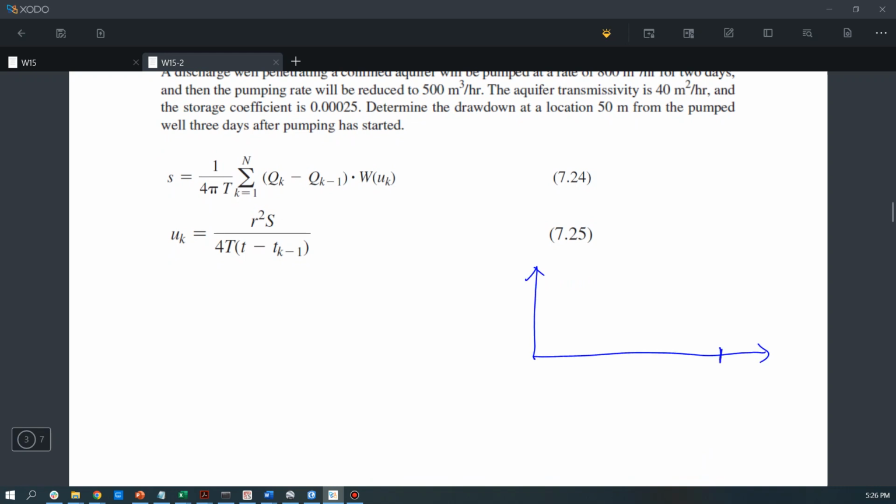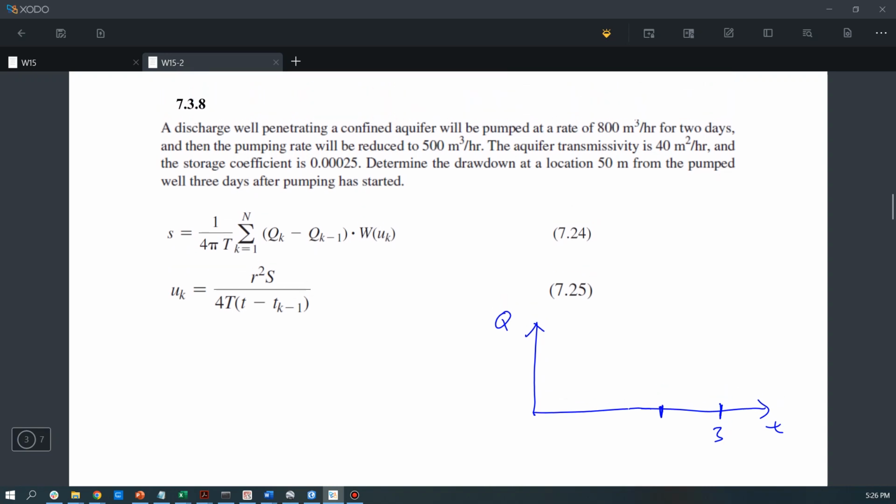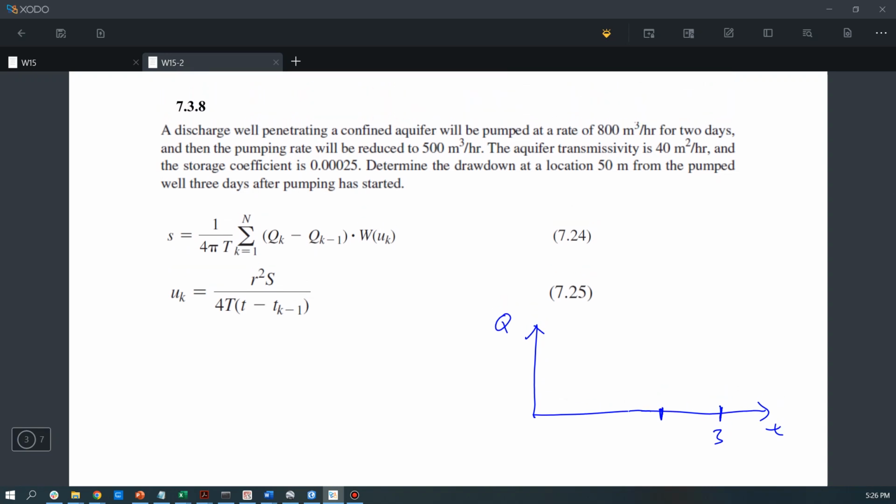The time step that we're interested in is 3 days, but the flow rate, the discharge, is initially 800, and it will drop down to 500 after day 2.